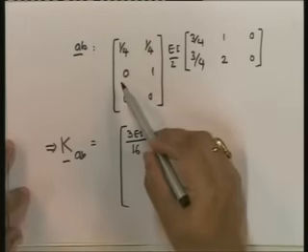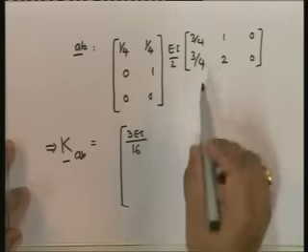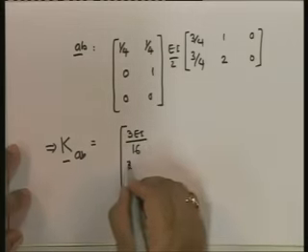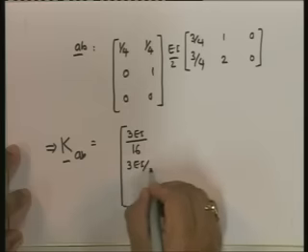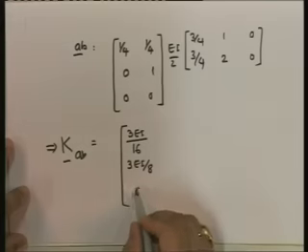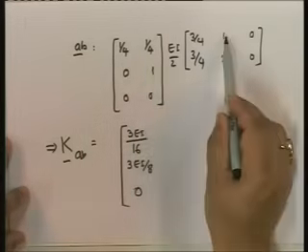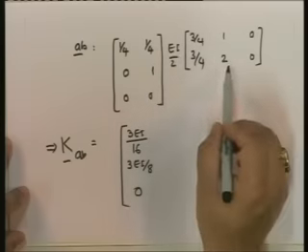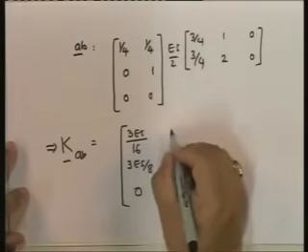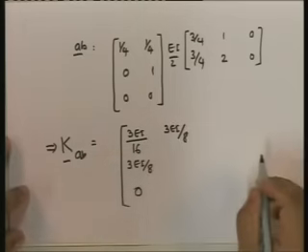The second one, this way, is going to be 0 and 1 by 3, so this is going to be 3EI by 8. This one is 0, so this is going to be 0. Now we do the second one. This is going to be 1 by 4 plus 2 by 4, 3 by 4, so 3 by 8. So it's going to be 3EI by 8.